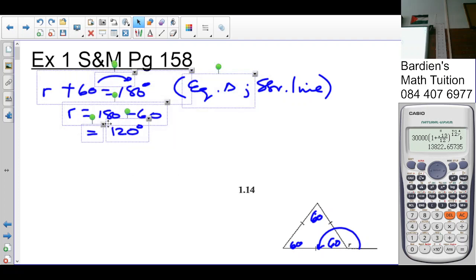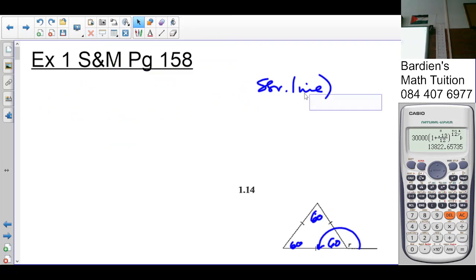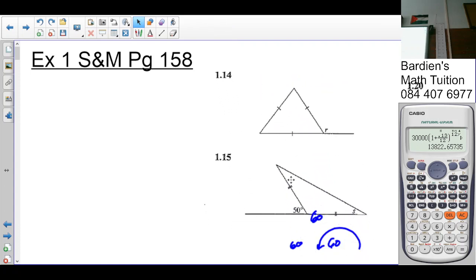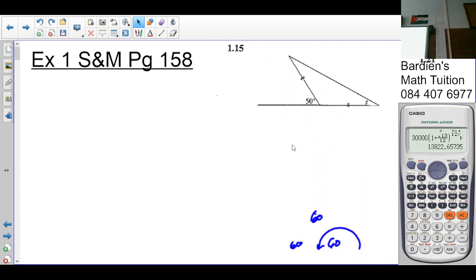If you look at the first statement, R plus 60 equals 180, and you just say R is equal to 120, you say straight line, R is 120, you get the full mark. Later on there's no mark allocated like this. For now it's two marks, one for your opening statement, one for your angle.